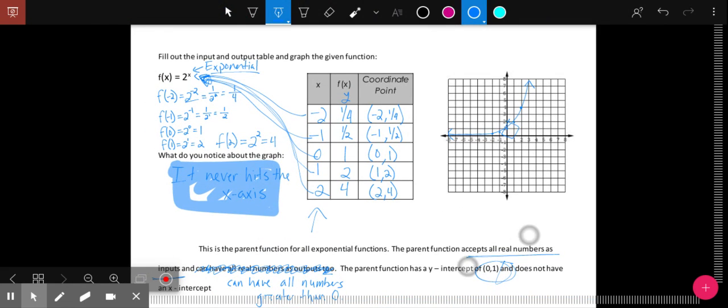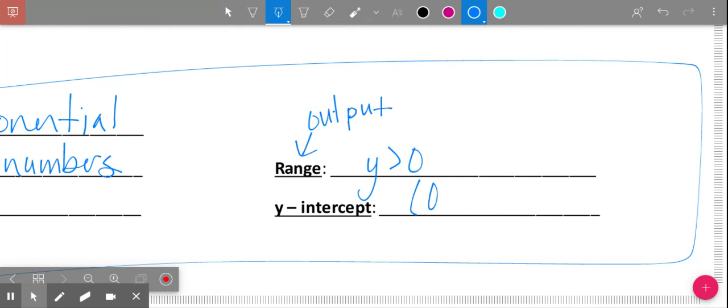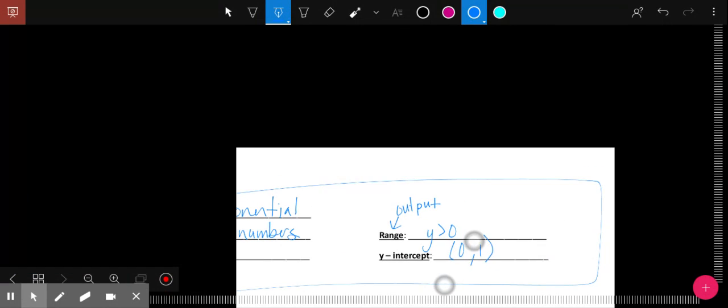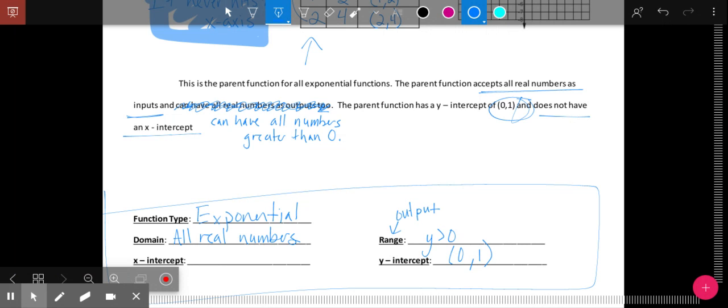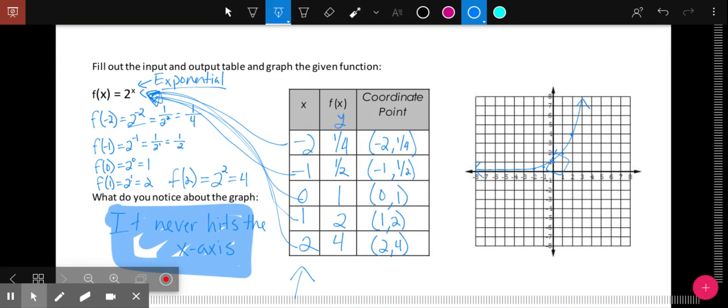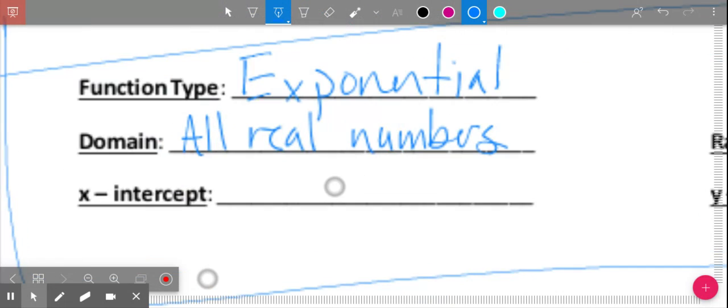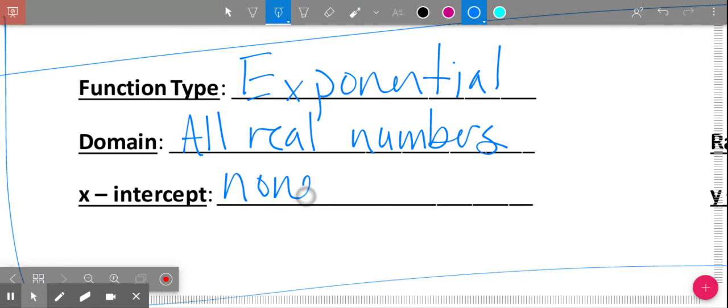So we put all those into the function, we get our outputs, and now we can make coordinate points so we can graph. So I'll have a (-2, 4), (-1, 1). Remember, see -1 and 1. I'll have (0, 0), (1, 1), and then (2, 4).